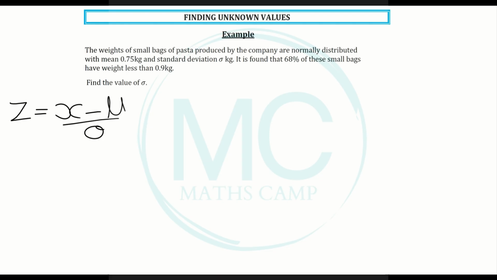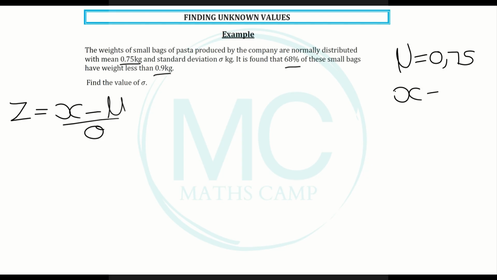So let's see what we know. The question tells us that the mean is 0.75. So up here, I'm going to make a note that mu is equal to 0.75. It is found that 68% of these bags weigh less than 0.9. 0.9 is our x value.